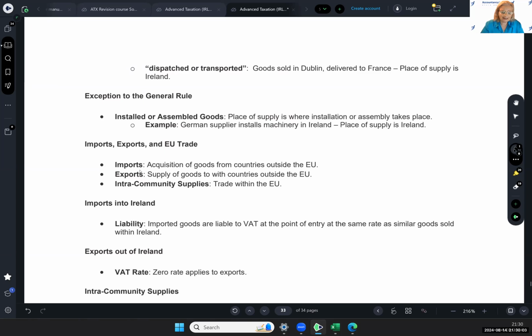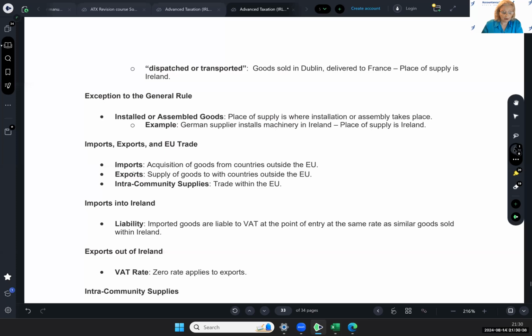But if you say to a tax person, I'm importing goods from all over the world, they'd ask, what countries are you importing from? Oh, well, I import from the US, China, France, and Germany. No. You import from the US and China, but you make intra-community acquisitions from France and Germany. Why? The different treatment that we need to worry about. So that's why we've got these different terminologies.